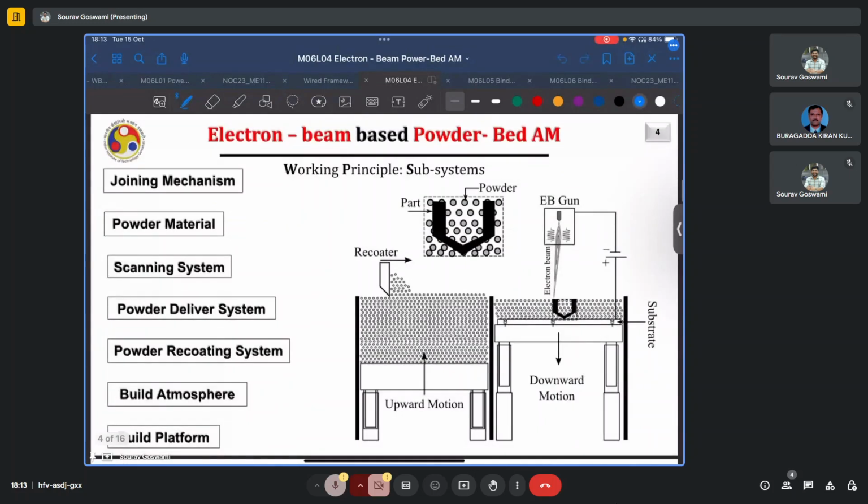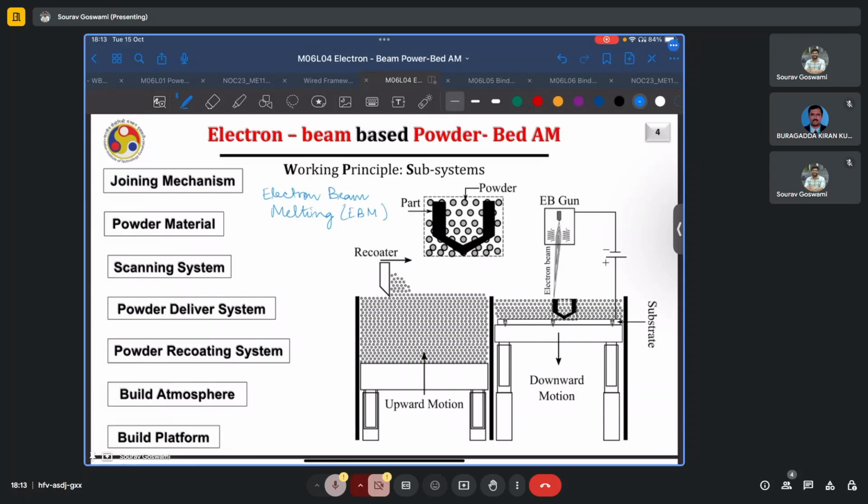So, here is a general schematic of what is commonly called the electron beam melting process or the EBM process. This is one of the commonly used names for this electron beam based powder bed additive manufacturing process.